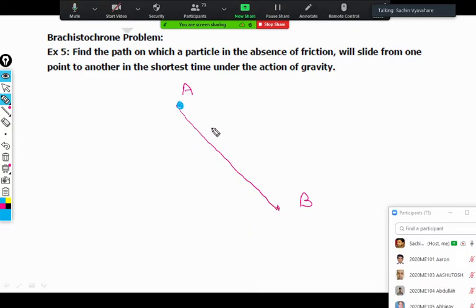So our aim is to find a curve for which the object starts rolling from A to B and arrives in minimum time, and we want the equation of that curve.